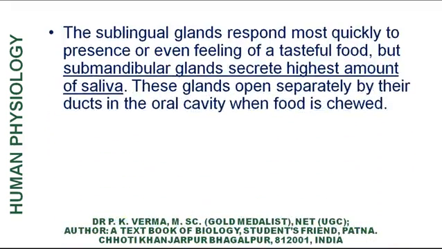The sublingual glands respond most quickly to the presence or even the feeling of tasteful food, but the submandibular gland secretes the highest amount of saliva. These glands open separately by their ducts in the oral cavity when food is chewed.